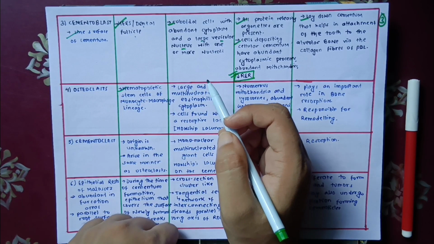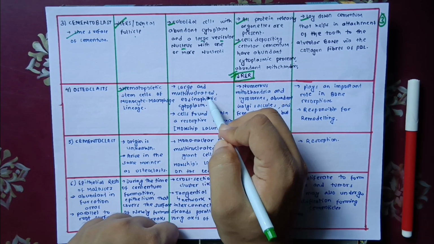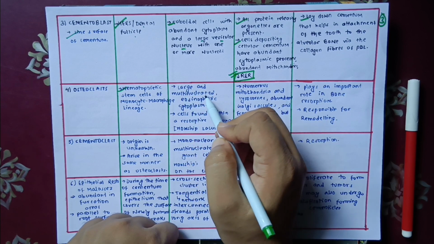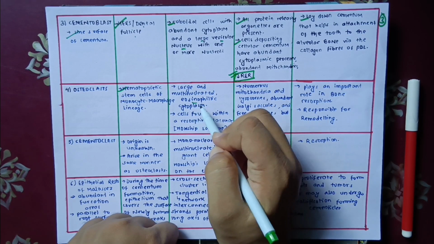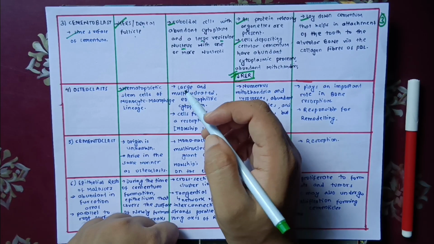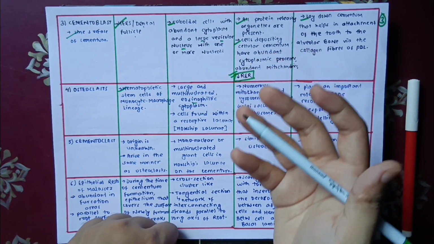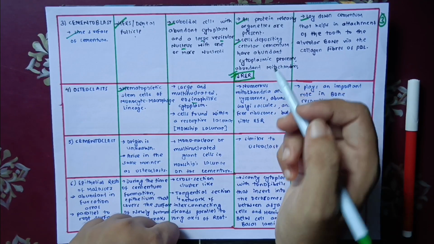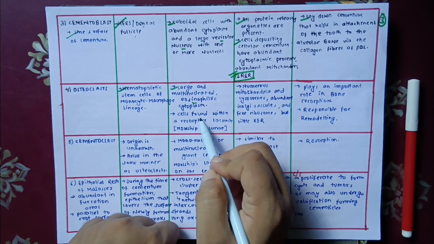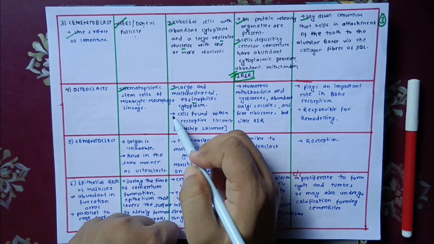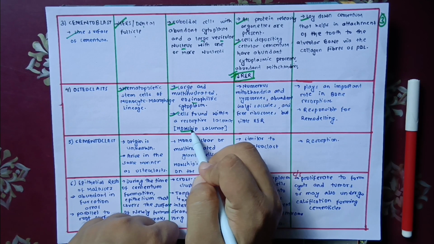In light microscopy it is large and multinucleated, and it has eosinophilic cytoplasm, but it was quite basophilic in the osteoblast and the fibroblast. After that, the cells are found within a resorptive lacuna called Howship's lacuna, and this is very important.